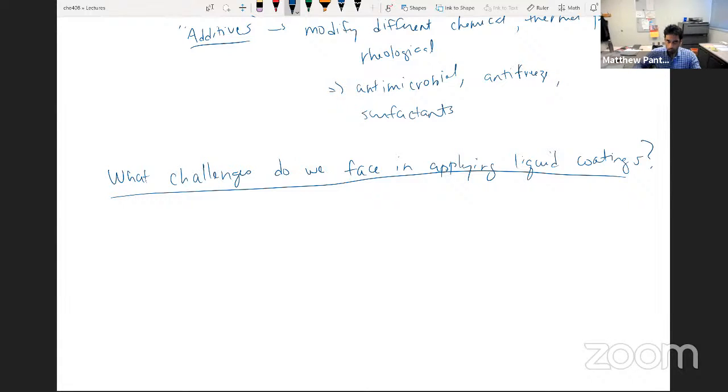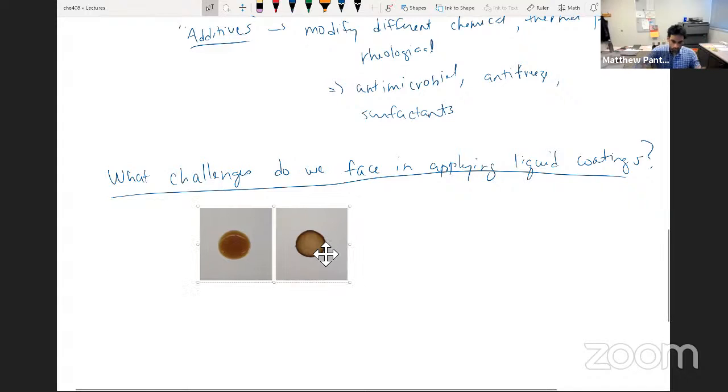One thing that I talked about before, let me show you a picture, is this effect here. This is coffee. This is called the coffee ring effect. If you have a droplet of liquid, you'll see that as it dries, you initially have some liquid that's sort of uniform.